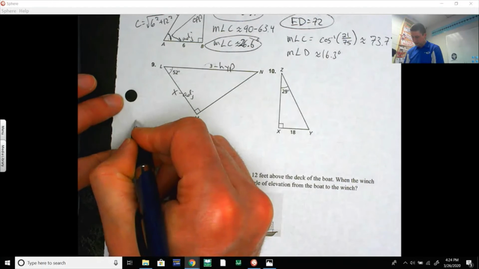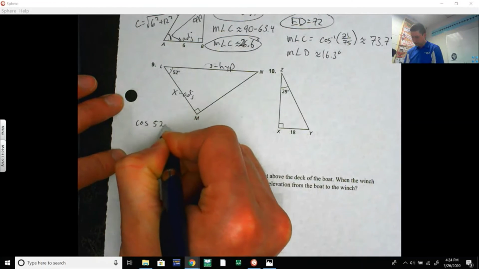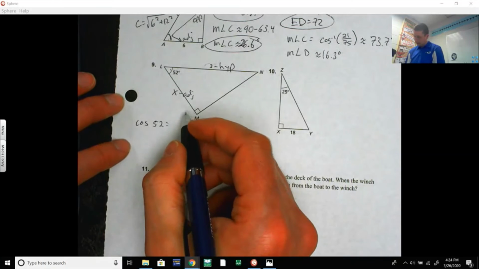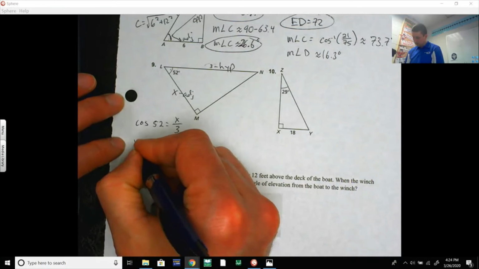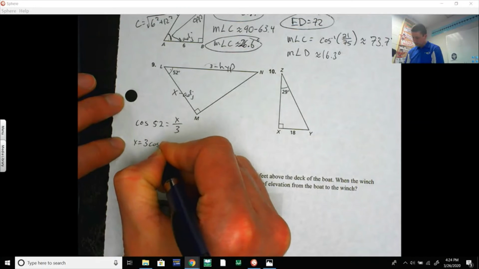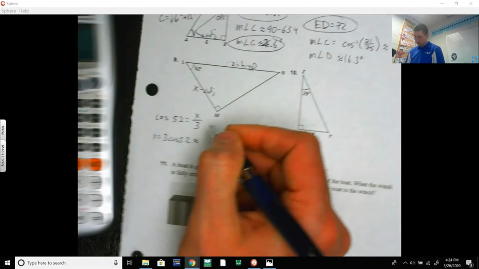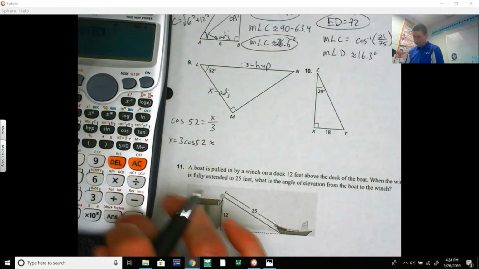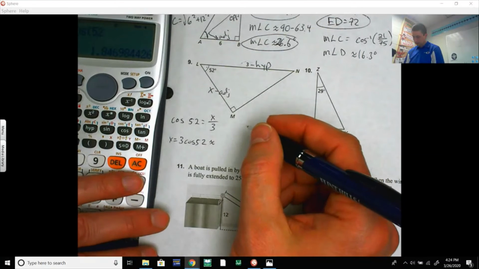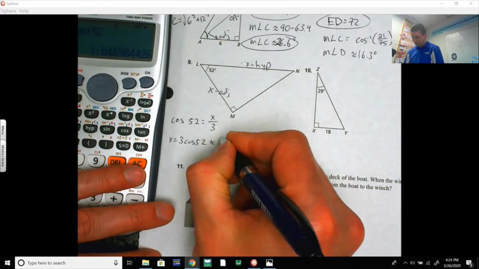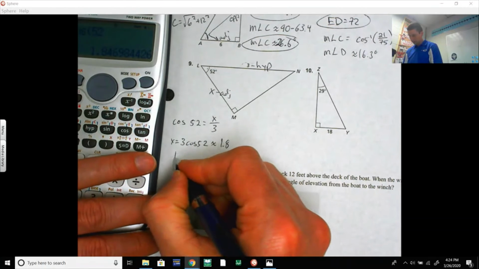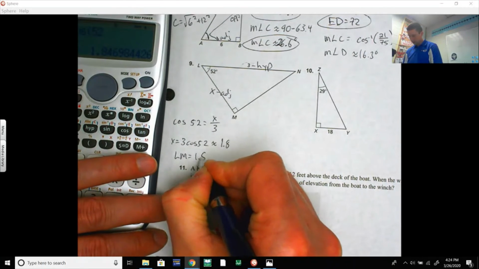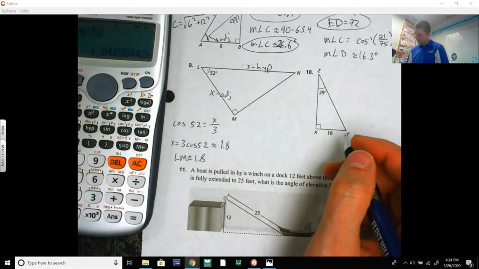Adjacent over hypotenuse is cosine, so the cosine of 52 equals x over 3. So x equals 3 times the cosine of 52, which is approximately 1.8. So L to M equals approximately 1.8.